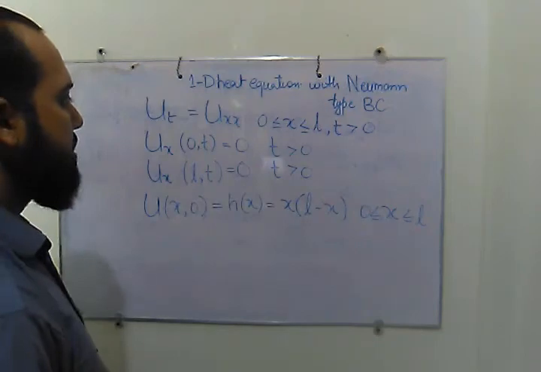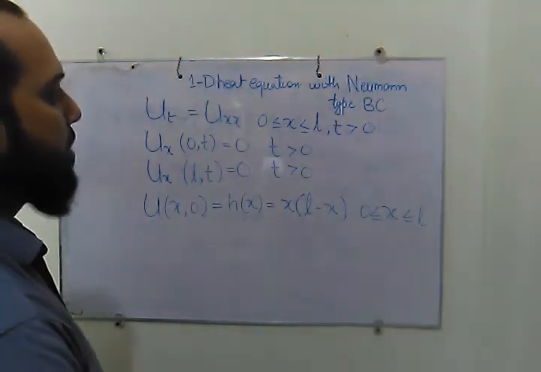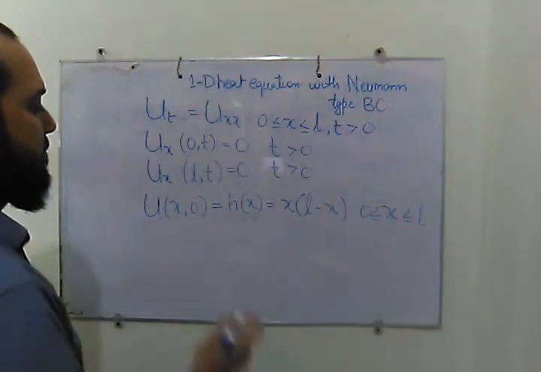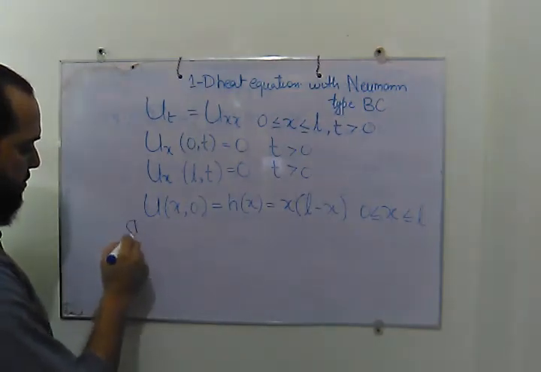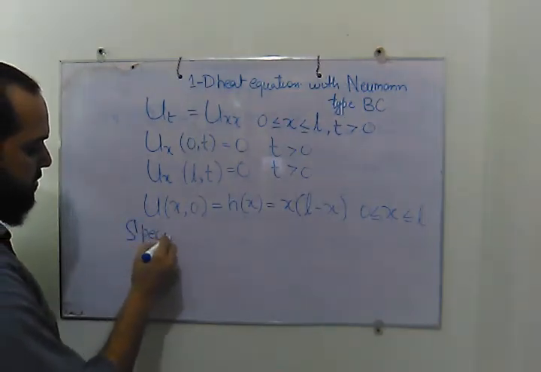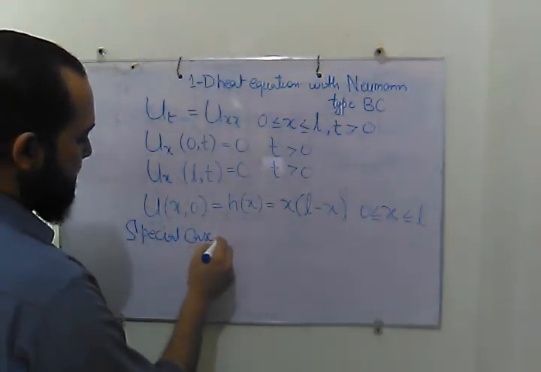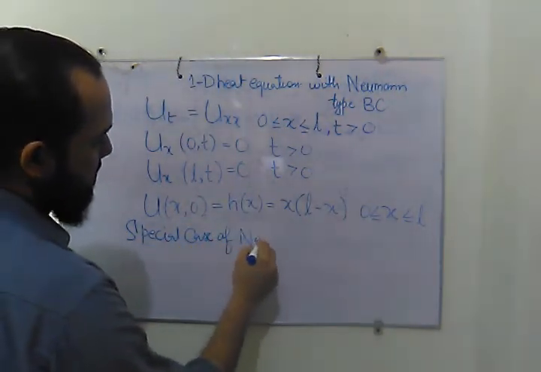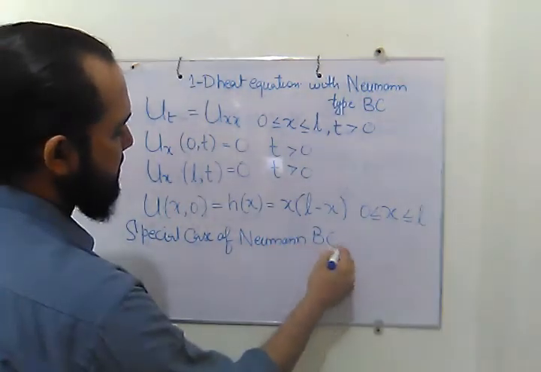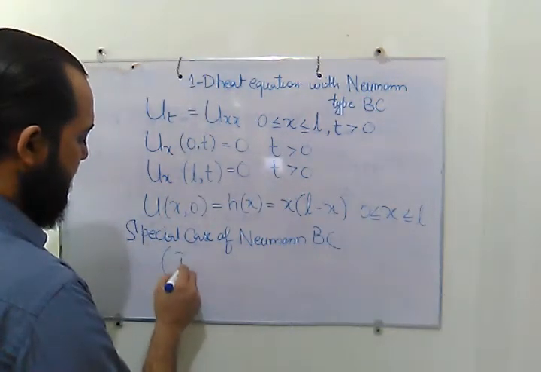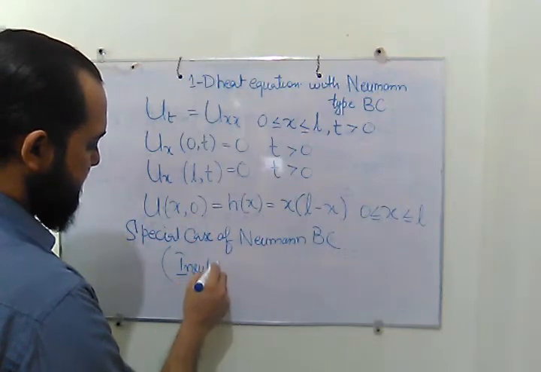This is also called the Neumann boundary condition of a special type, that is, insulated ends.